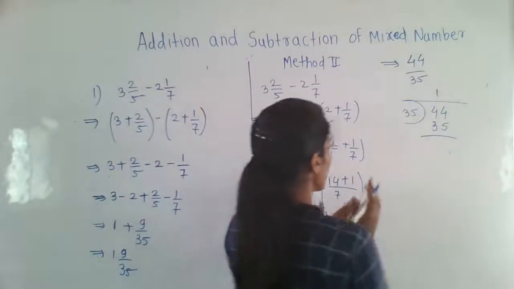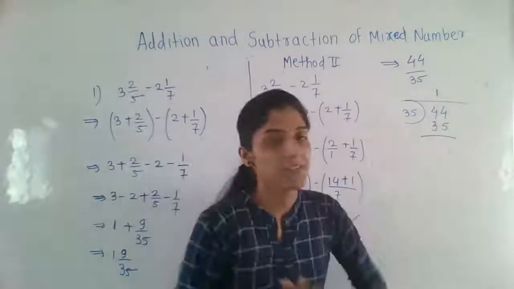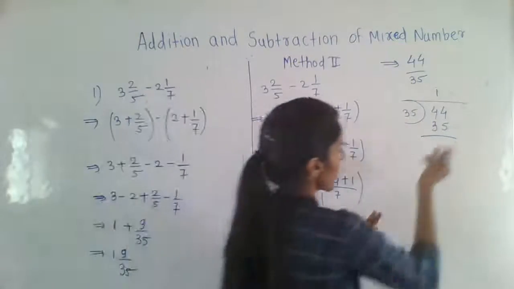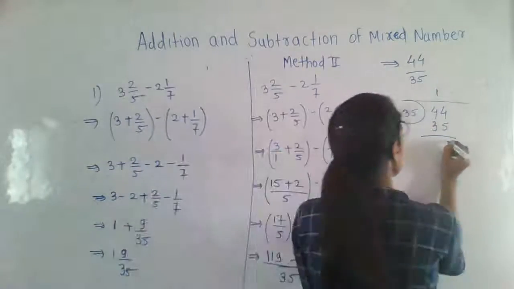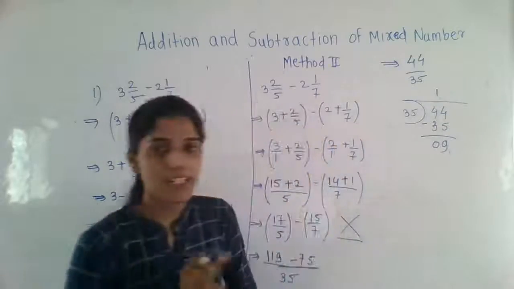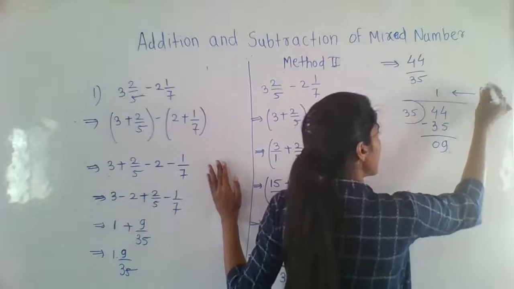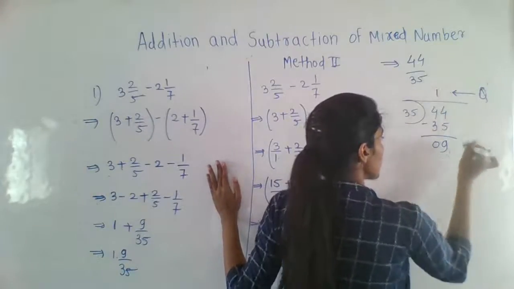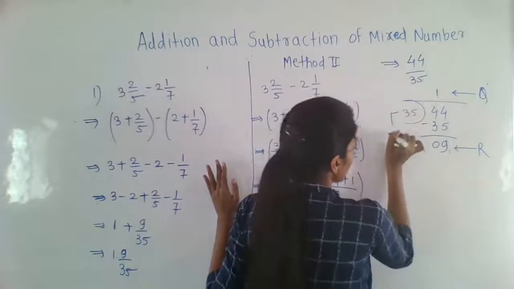Then 44 minus 35: borrow one, 14 minus 5 is 9, and 4 minus 4 is 0. This is our quotient, this is our remainder, and this is our divisor.